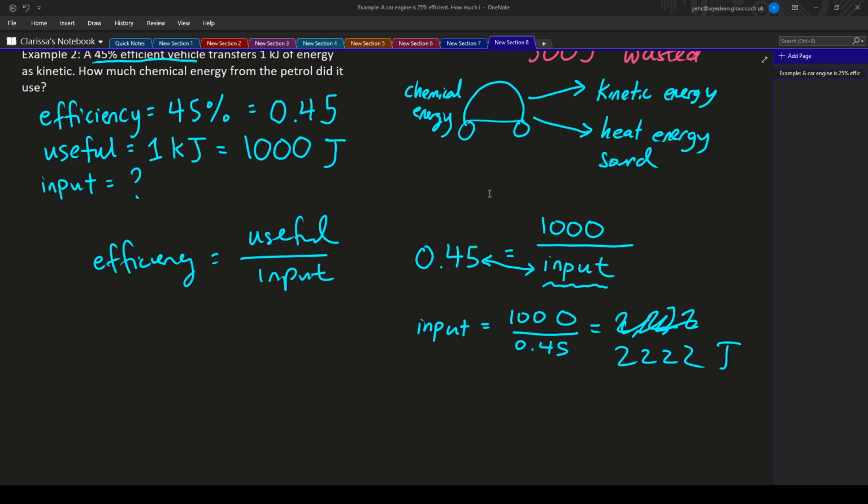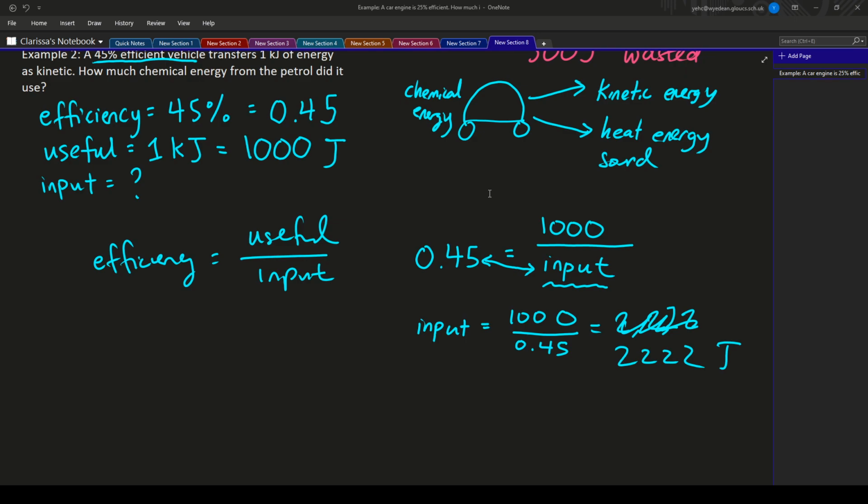But what I want you guys to notice is the fact that you have to read through the questions and properly identify what is useful, what is input, what is wasted. So you have to make sure you're able to do that. Otherwise, you're going to get the numbers swapped around if you misidentify a wasted energy as being useful.